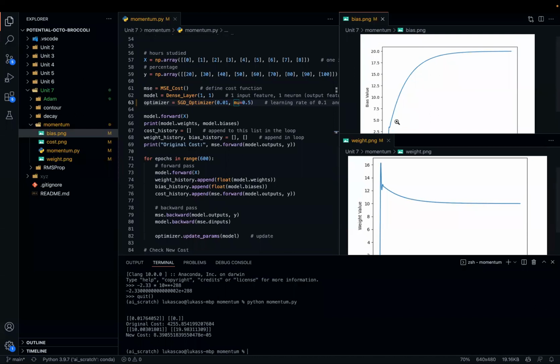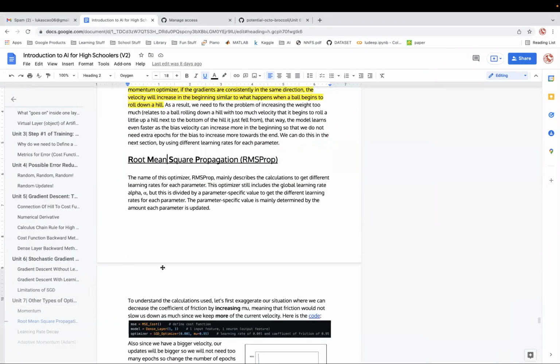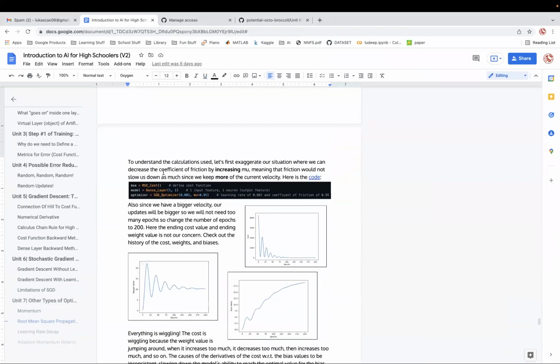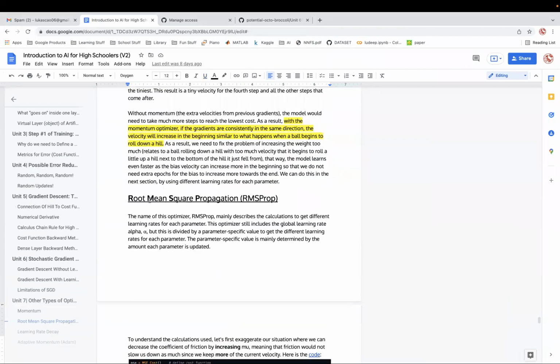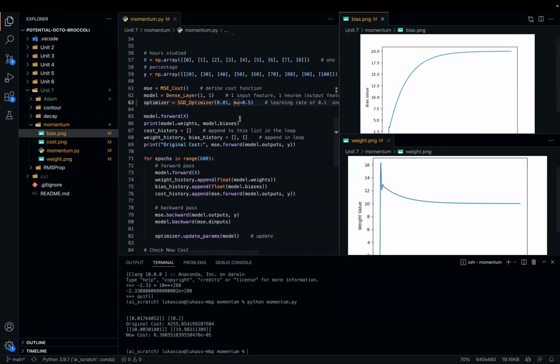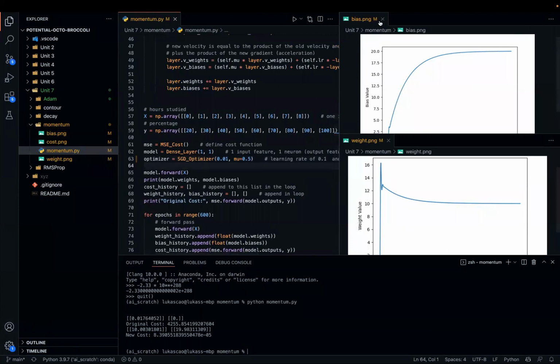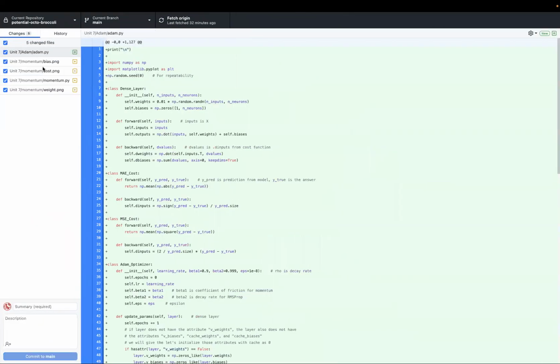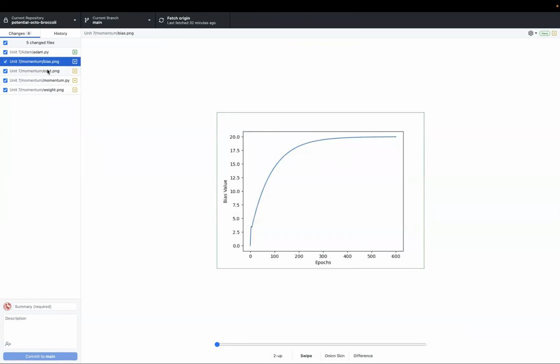But for the bias, it will be a little bigger so that it increases faster. So since this meeting isn't over, I'll start giving an intro to RMS prop. So let's say, okay, you know how, okay, what's the change here?